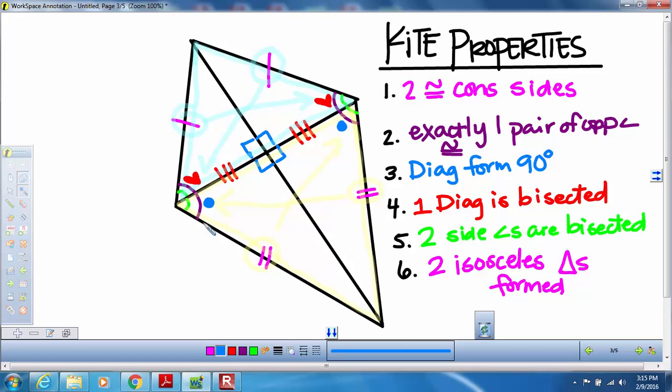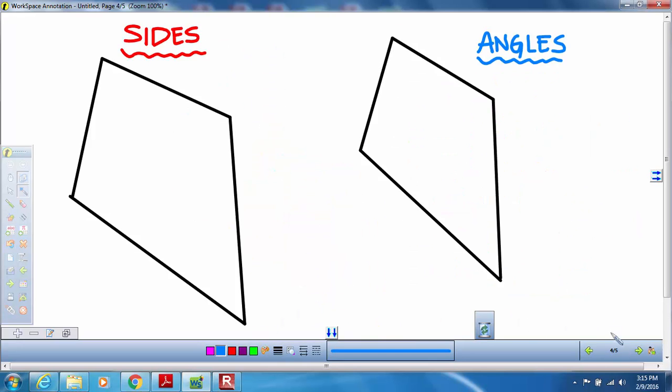Okay, so that's a lot drawn on one thing. So I wanted to split it up for you so you could see. So we're going to look at just the sides. We know that two pairs of the sides are congruent. So we know that this and this is congruent, and this piece and this piece is congruent.